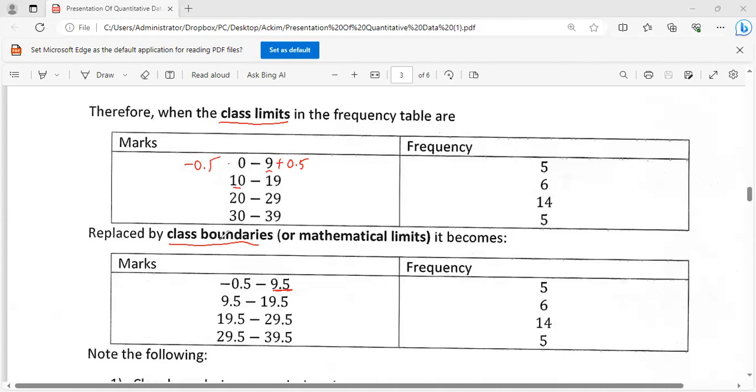So 0 minus 0.5, you get negative 0.5. Here you are subtracting 0.5. So 10 minus 0.5, you get 9.5, which is there. Here 19 plus 0.5, you get 19.5, like that and so on. The frequency won't change. The frequency will just be the same because those are the numbers that you have. But the boundaries, you are converting the limits to boundaries.